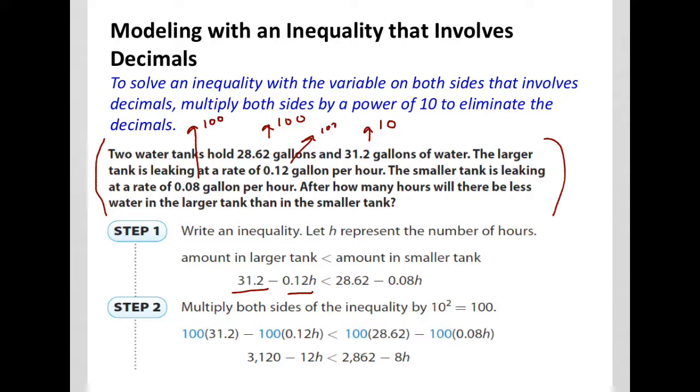And here, 100 times 0.08, move 2 places to the right, and that's going to give us 8. So our new inequality says 3,120 minus 12h is less than 2,862 minus 8h. Very friendly numbers to work with.